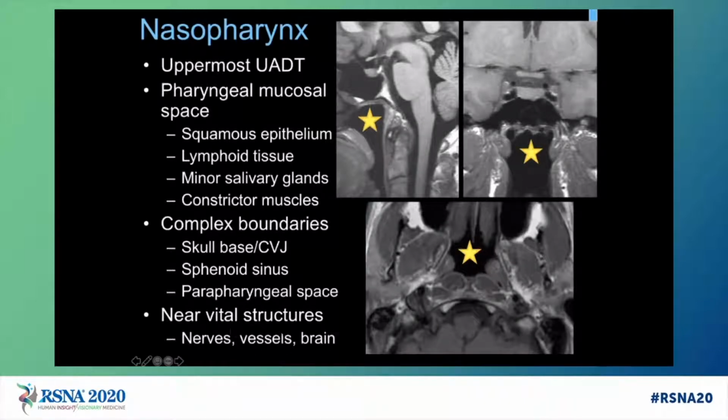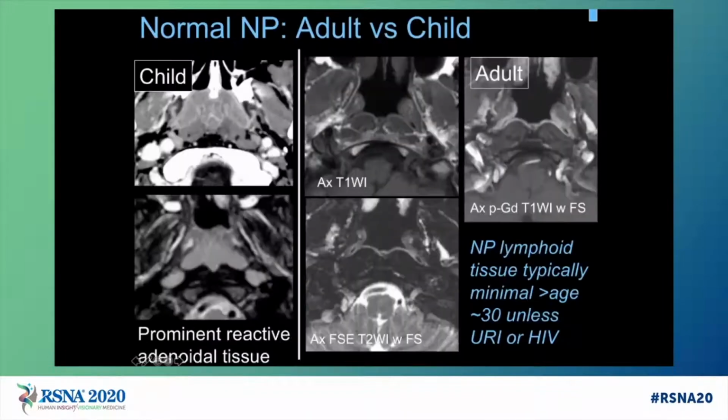The nasopharynx is also in close proximity to cranial nerves, to blood vessels, such as the right and left internal carotid artery, and also brain tissue. You see how close the nasopharynx is to the brainstem and upper cervical spinal cord. The nasopharynx looks different in children versus adults.